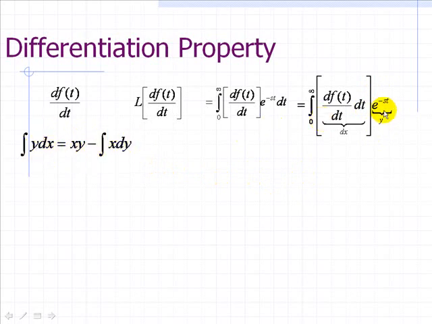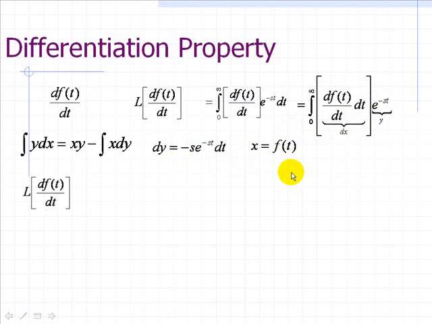Y is associated with this, and dx is associated with this expression here. dy then, taking the derivative of this, yields minus s e to the minus st dt, and for x, integration of this, the dt's cancel out, and therefore x is just f of t.